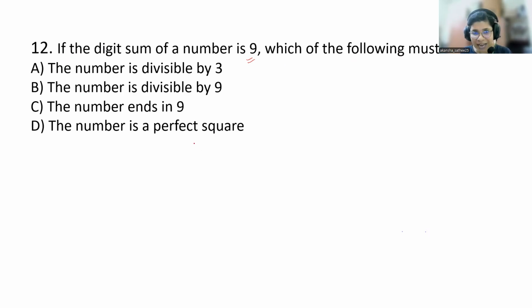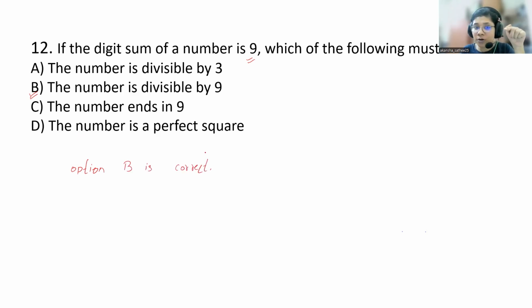You already know that, I have given you the rule. I'm not going to write it again. If a number is divisible by 9, then digit sum is 9. Right? So if digit sum is 9, that means number is divisible by 9. So option B is correct.